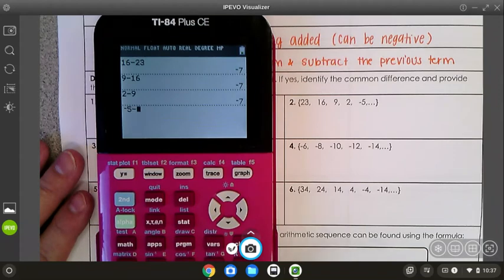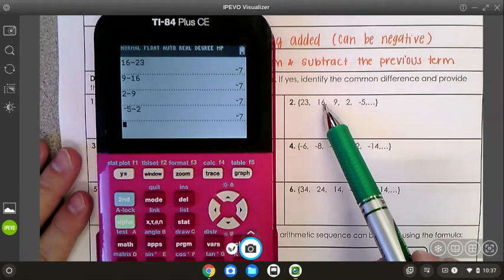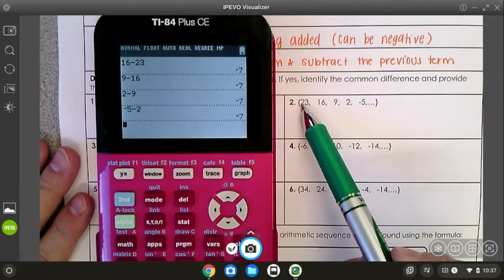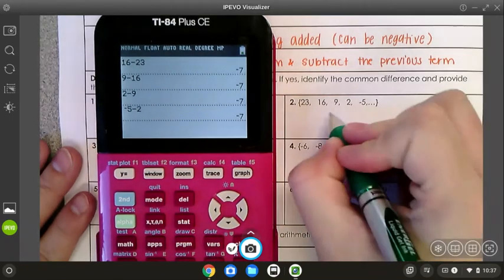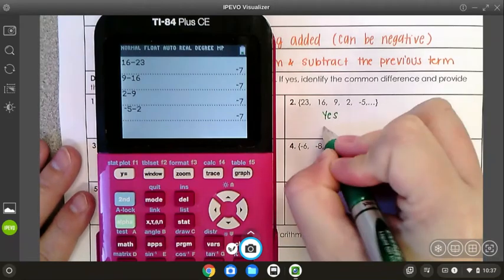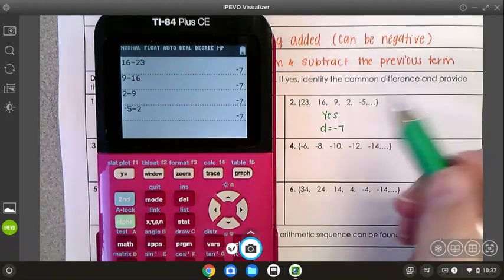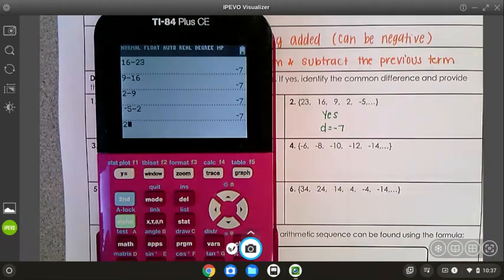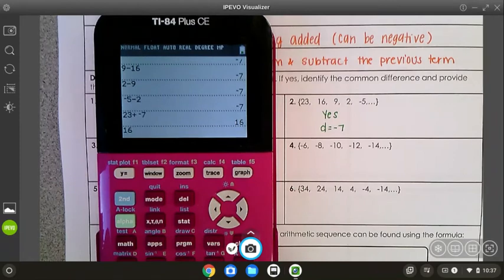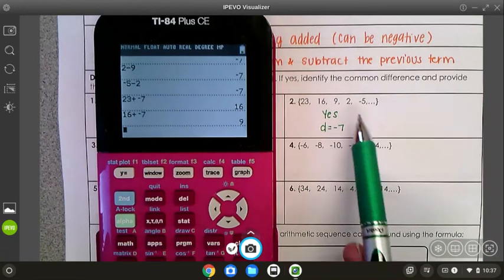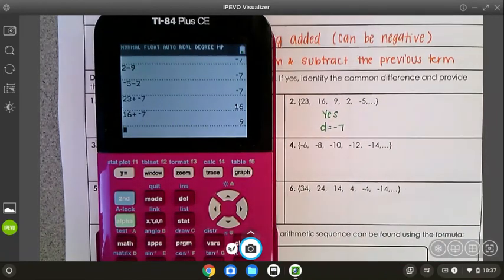Negative 5 minus 2. Notice I took one term and I subtracted the one before it. And yes, it stayed the same. So my difference is negative 7. If we start at the beginning, 23 plus negative 7 is 16. 16 plus negative 7 is 9. So the common difference is negative 7.